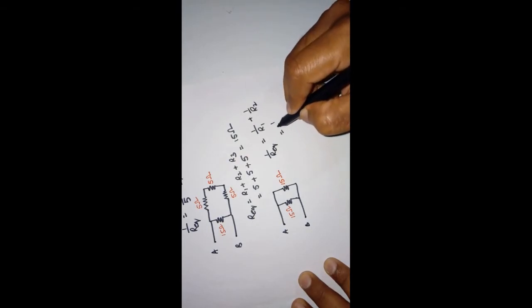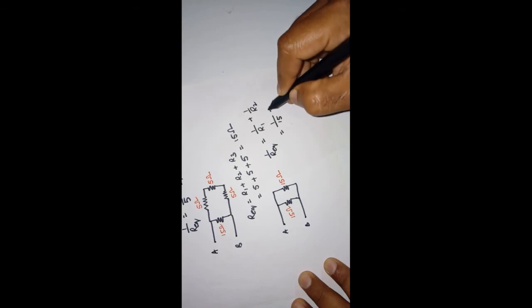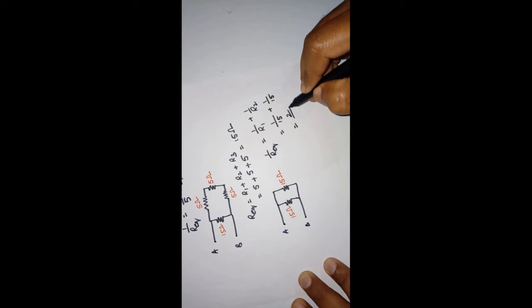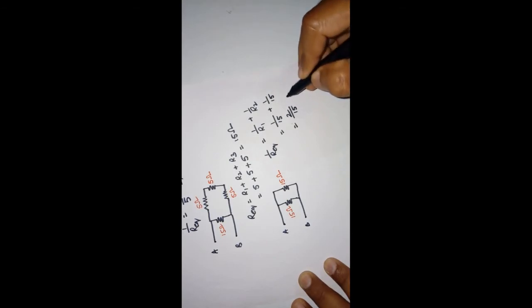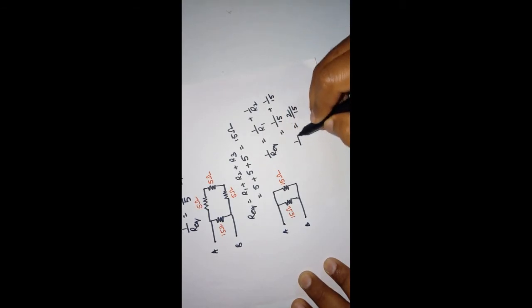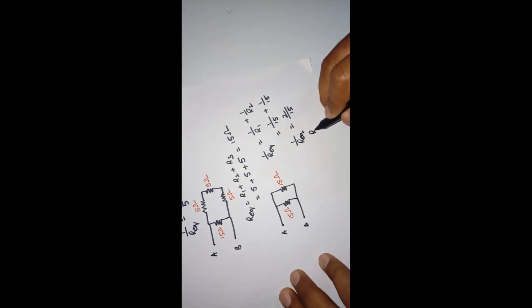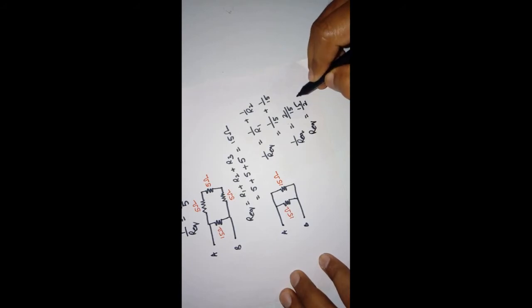Substituting the values: 1 by 15 plus 1 by 15, so that is 2 by 15. 2 by 15 is 1 by R equivalent, and we need R equivalent. So R equivalent is equal to 15 by 2, that is 7.5 ohms. So like this we can find the equivalent resistance of any given circuit.